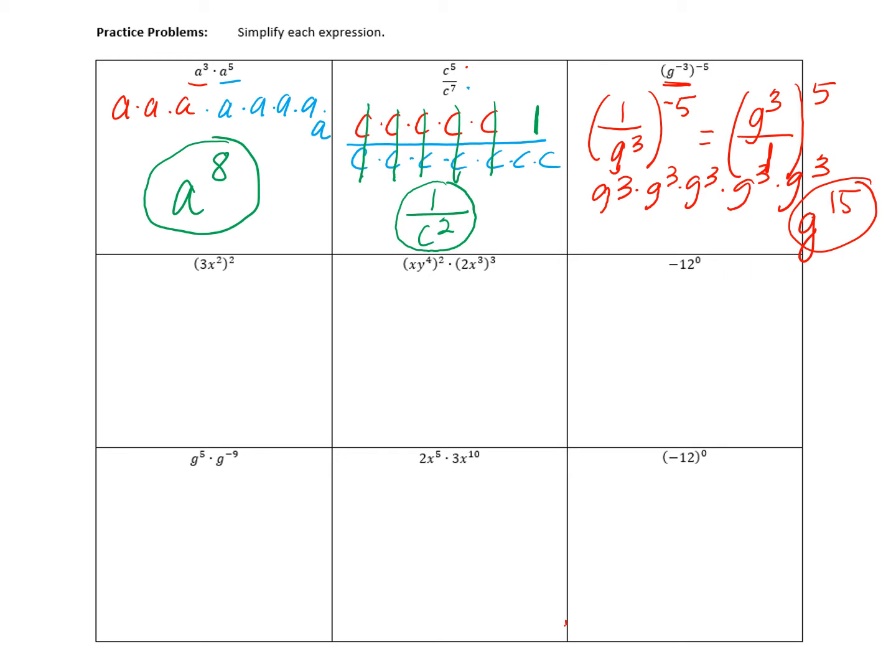All right, in our next example, we have 3x squared, squared. Remember, to square something means multiply it by itself. So that would give me 3x squared times 3x squared. So again, taking that square. And then numbers are numbers. So that's a 3 times a 3 would give us 9.